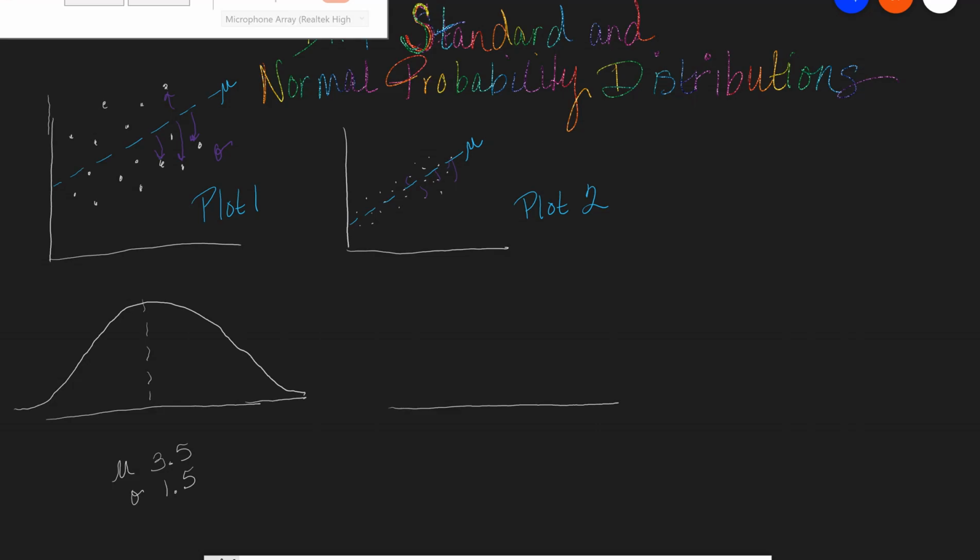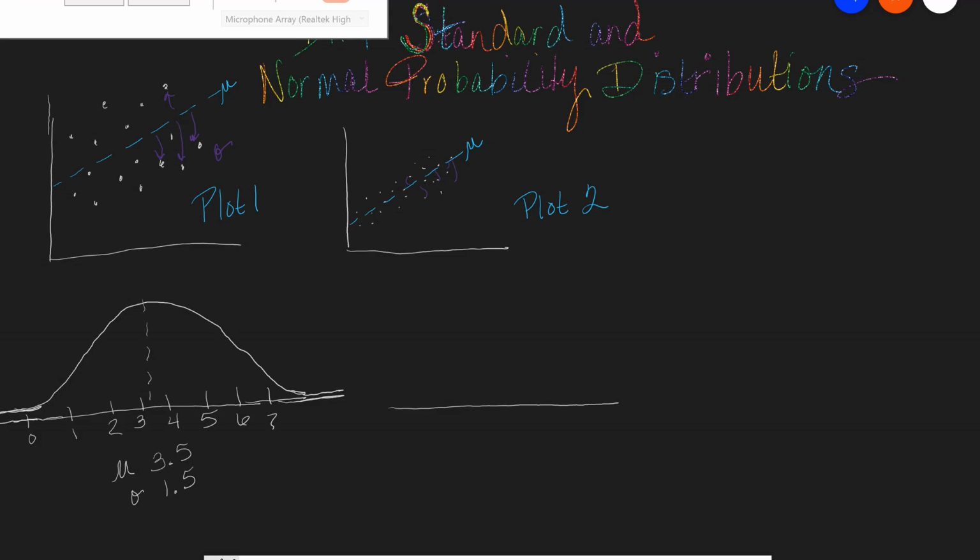You could have our 0 here, 1, 2, 3. All right, so that'd be the first plot, the first population.